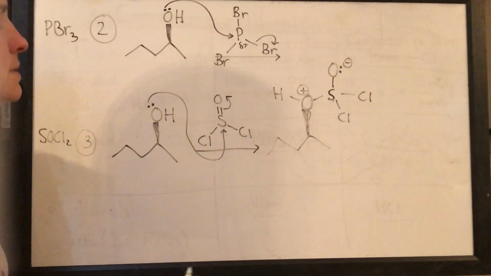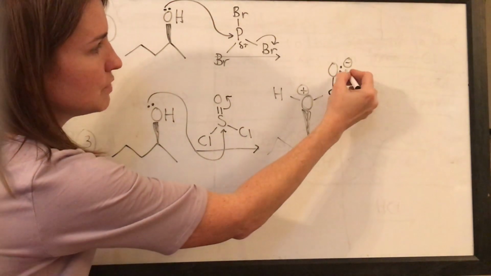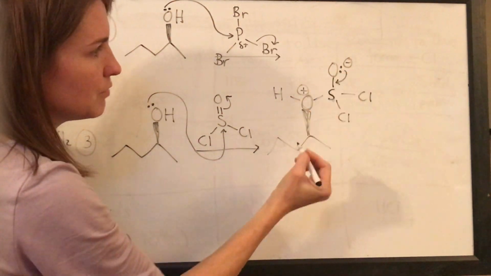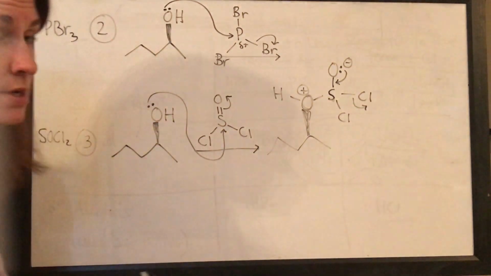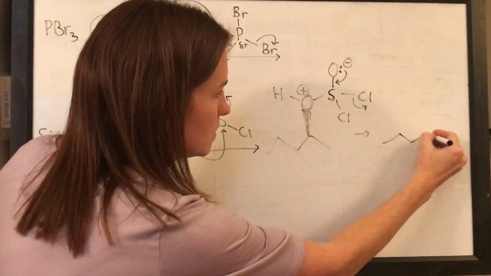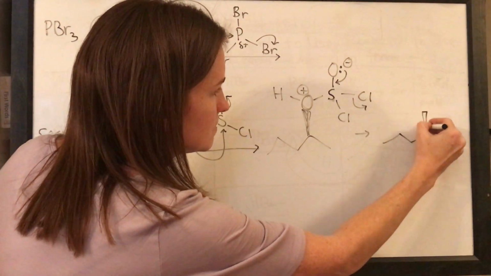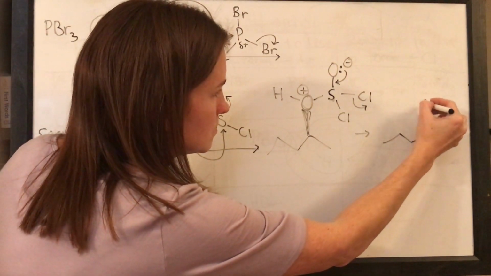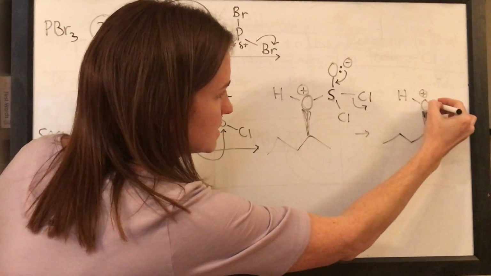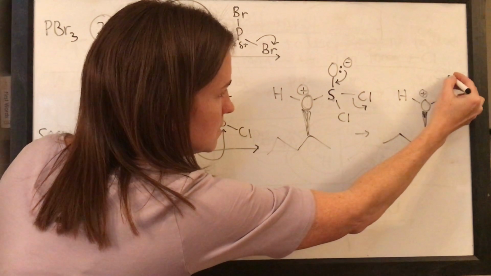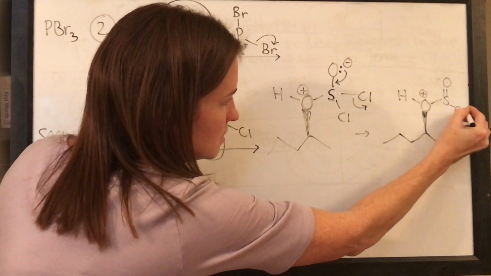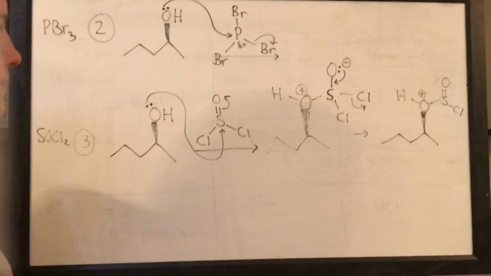And then what happens, it kind of reminds me of what you see in Grignard reactions sometimes when you have a good leaving group on here. This carbonyl-like double bond reforms and kicks out one of those chlorines because chlorine's a good leaving group. So we'll end up getting this. We still have an extra hydrogen on this oxygen. We have an oxygen, so this is a sulfur here, and a chlorine.